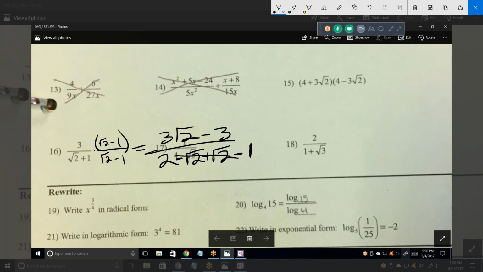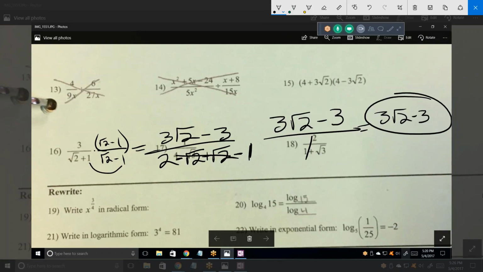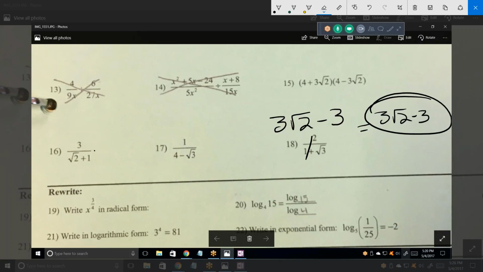And then there's a minus 1 that you get from that times that. So my answer becomes 3 root 2 minus 3 all over 2 minus 1, which is 1, which means my answer is that. And the only thing you have to remember is multiply by the conjugate when you have one of these funny denominators.